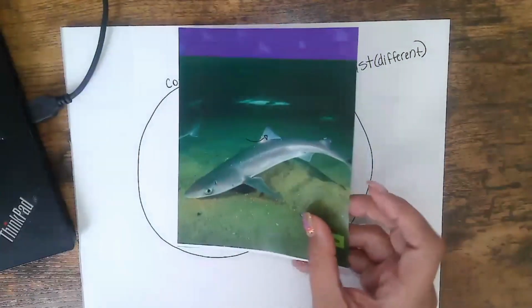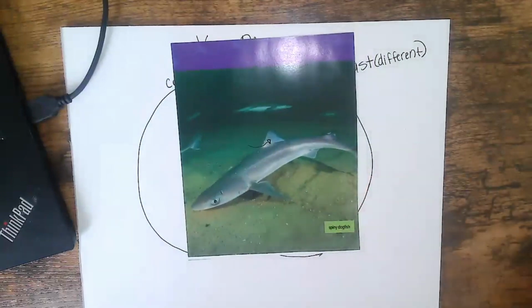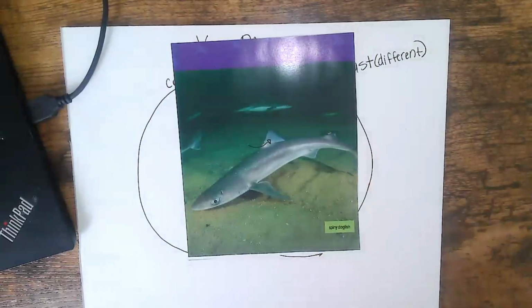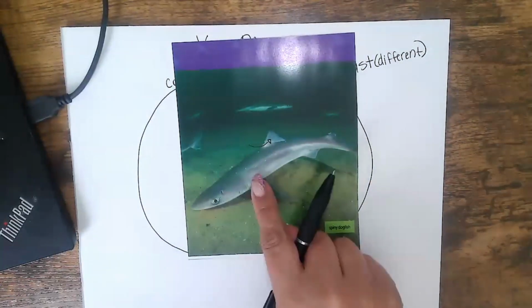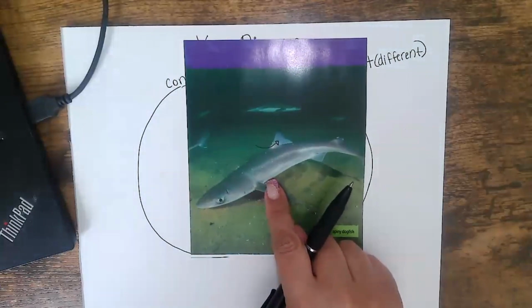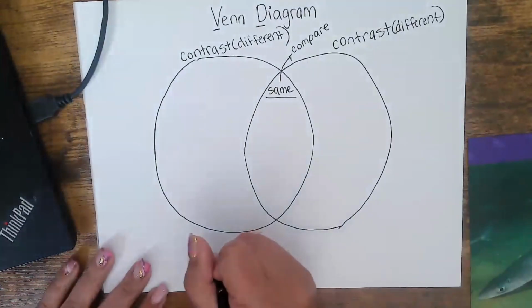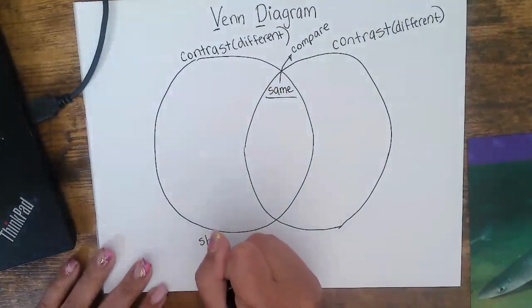What is this? Go ahead, raise your hand. If you said a type of shark, here it says spiny dogfish, a shark, you are right. So I'm going to write shark at the bottom.